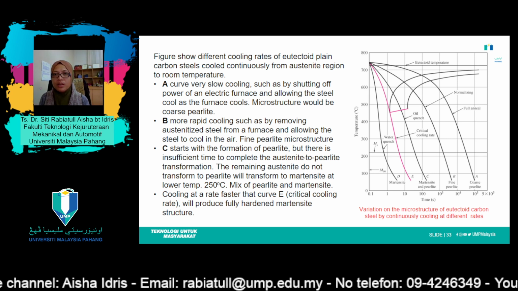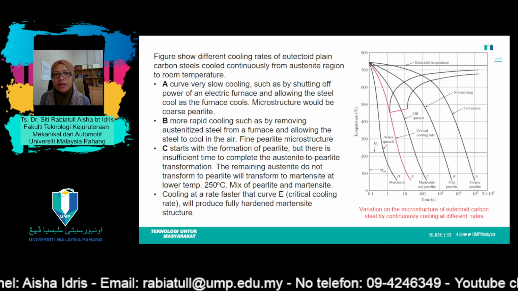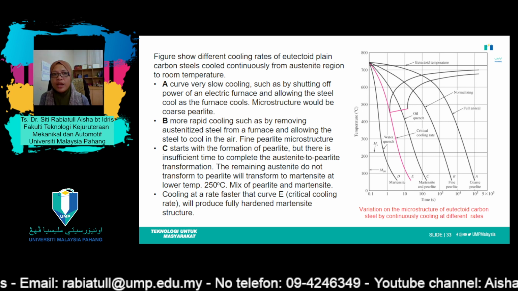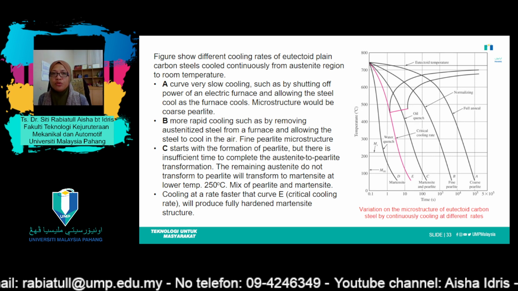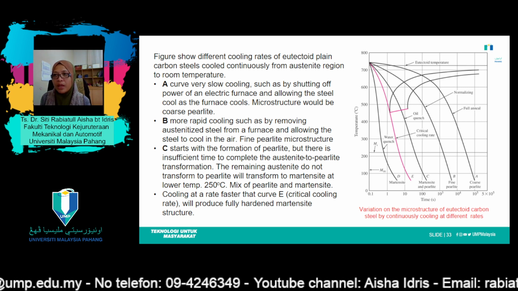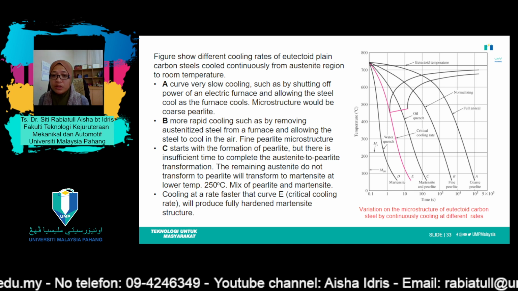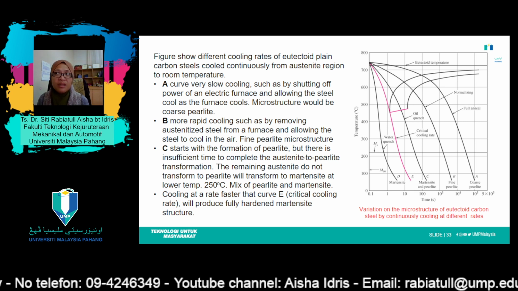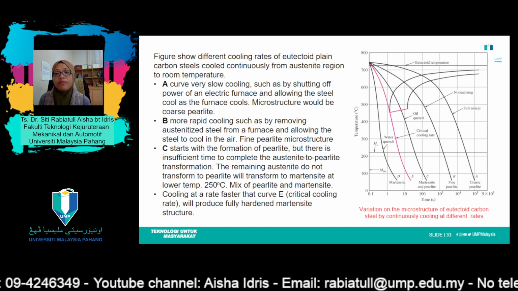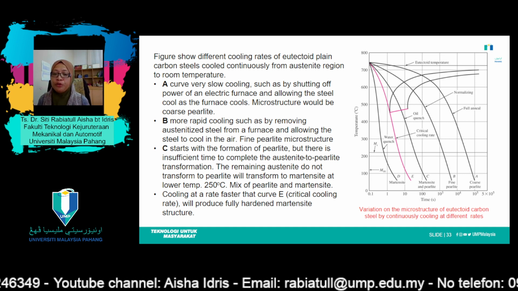Imagine you have a furnace, then you place a steel sample in it. After it reaches a certain temperature, you open up the furnace, take out the specimen and put it somewhere to cool down on its own, in normal air at normal temperature. From there, fine pearlite will be produced.